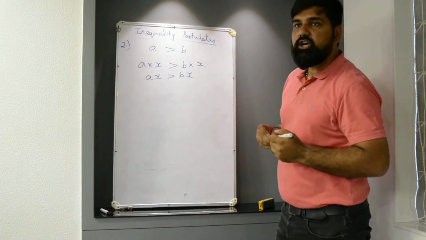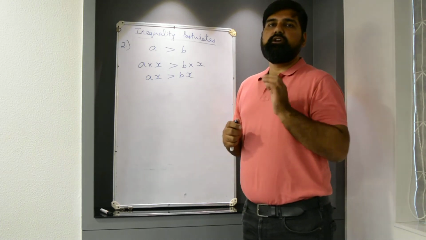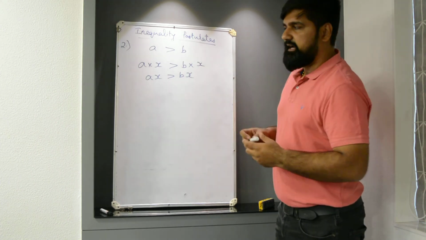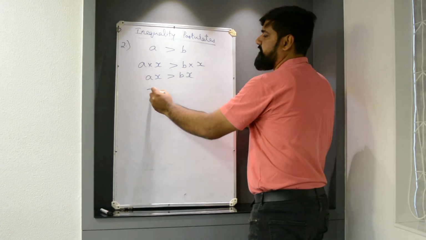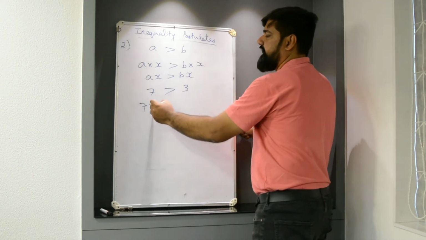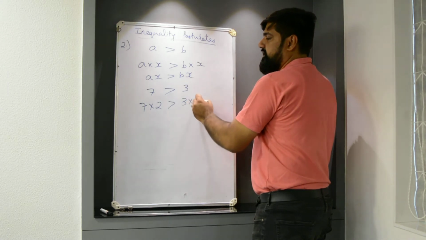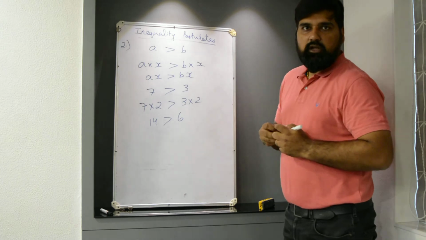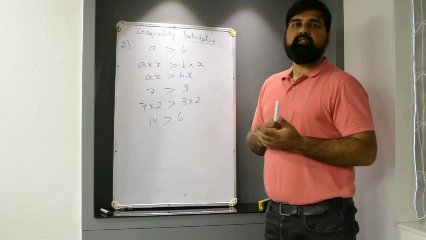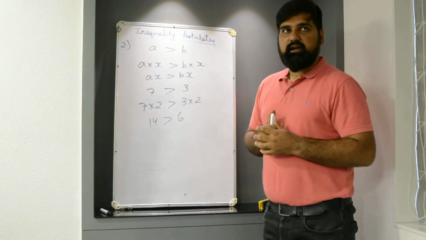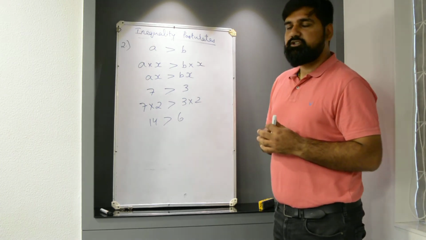But the condition is that the number must be positive. For example, 7 is greater than 3, and if you multiply both sides by 2, the result, 14, is also greater than 6. In the same way, if you divide both sides by a positive digit, the inequality does not change.